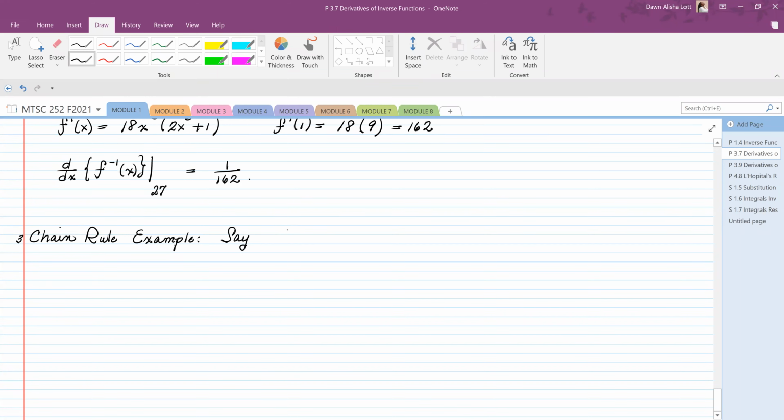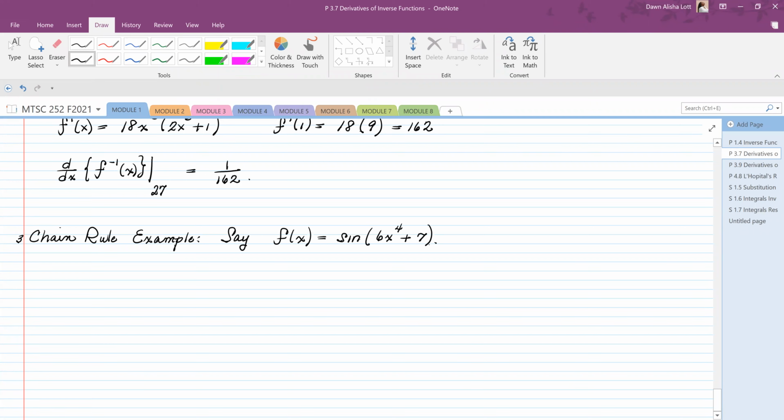Say f of x is equal to the sine of 6x to the 4th plus 7. Okay, that's it.